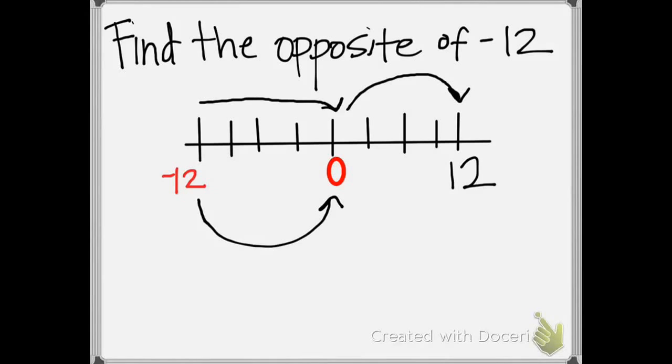Okay? The way that I numbered this would be 0, 3, 6, 9, and 12. And so here we know that the opposite of -12 would be +12.